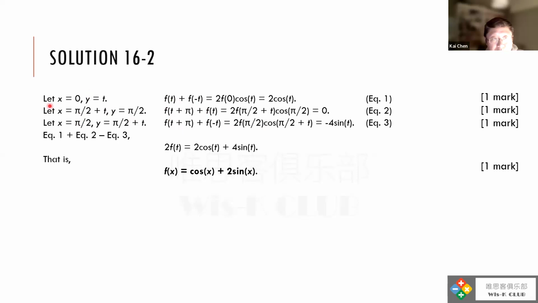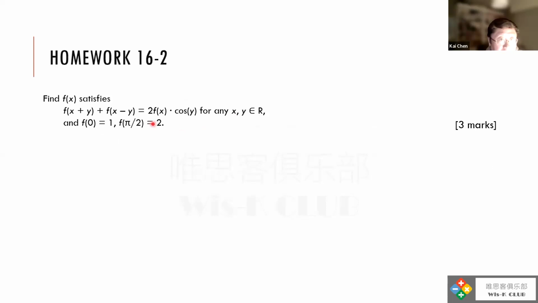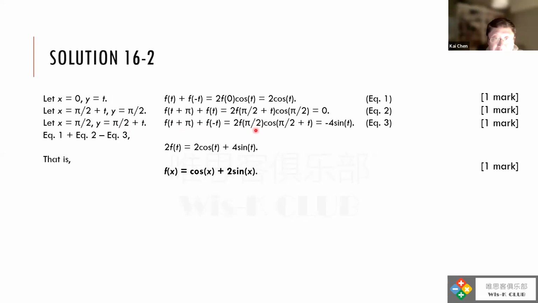So by these three plug-ins, we create three different forms of the function. On the right, we make use of the cosine and sine, because here you know, especially, that f(half pi) is 2.